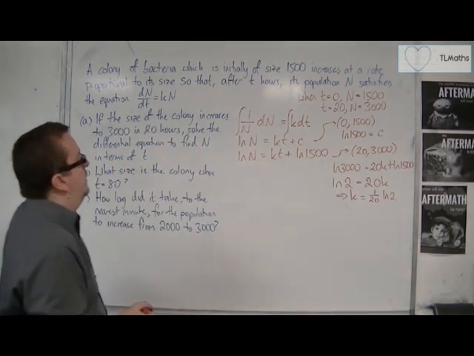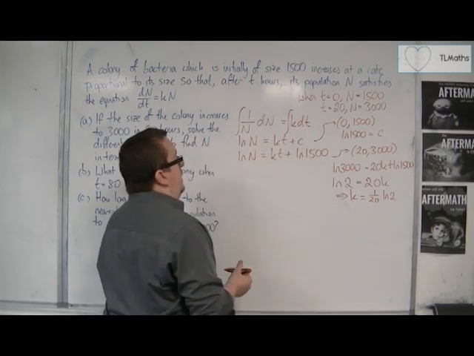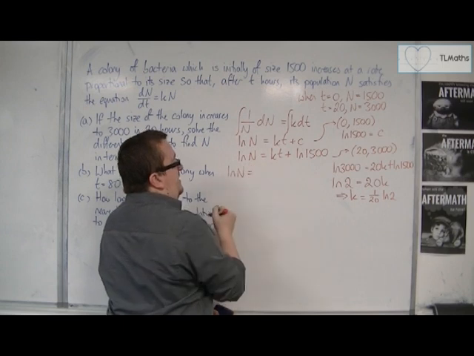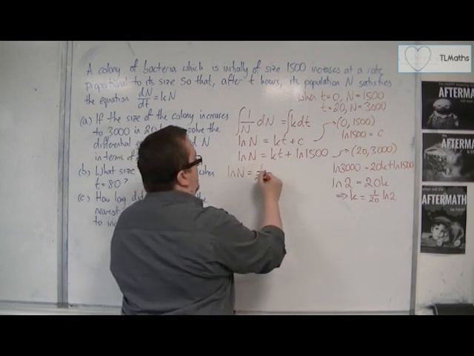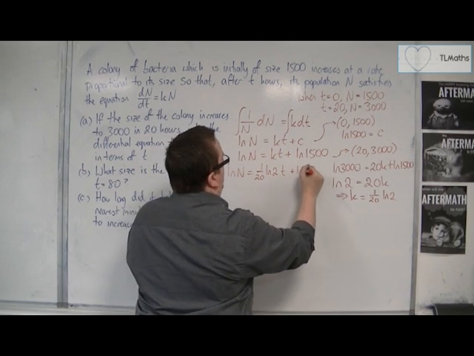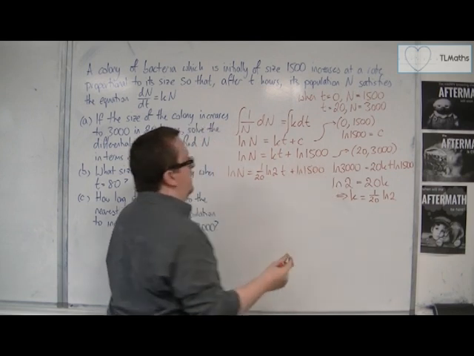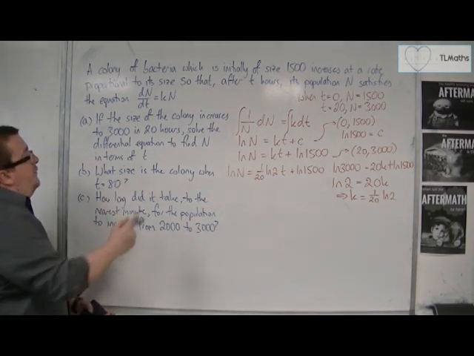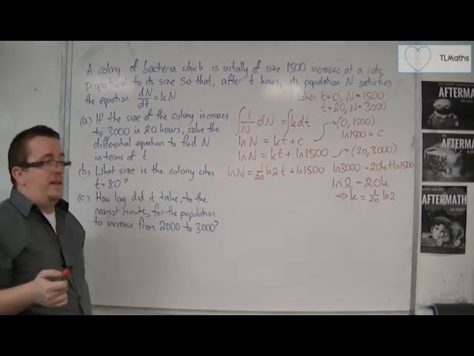Okay, so that means that log n is equal to 1 over 20 log 2 t plus log of 1500. Now, in this question, they want us to get n in terms of t.